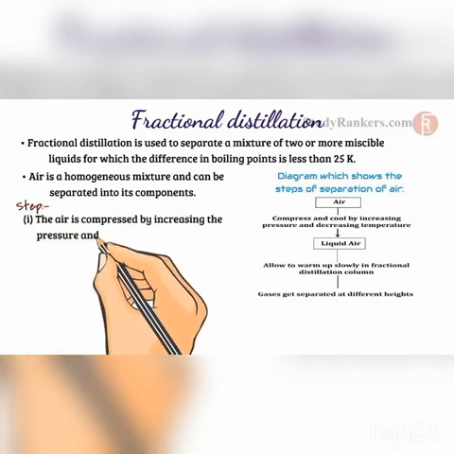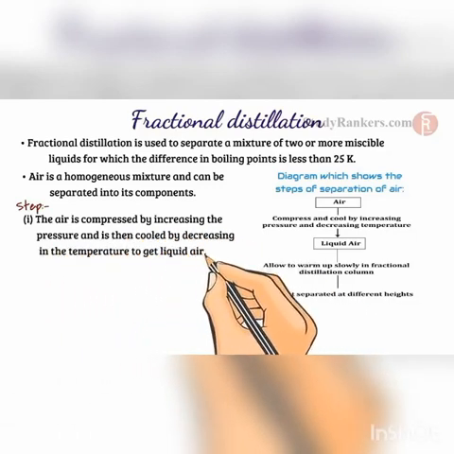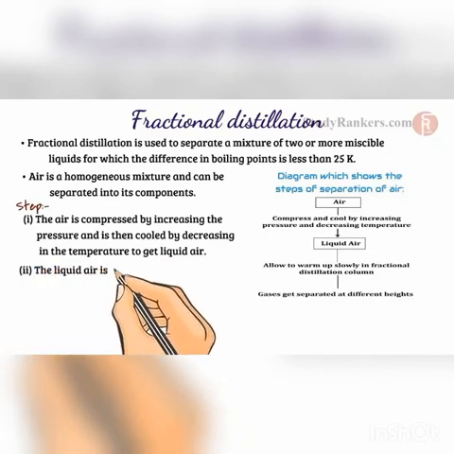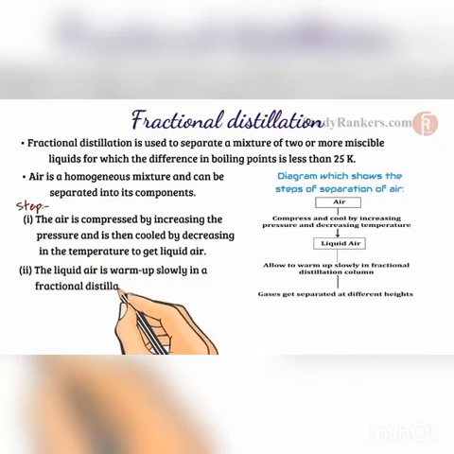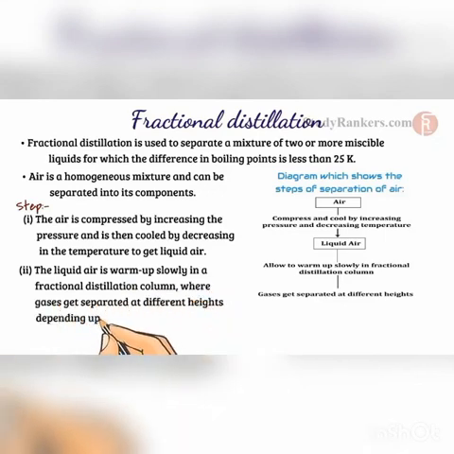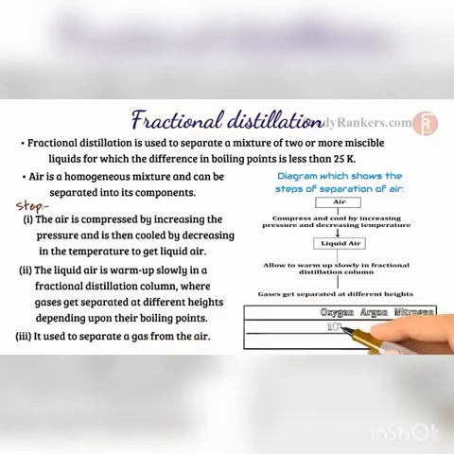First, the air is compressed by increasing the pressure and is then cooled by decreasing the temperature to get liquid air. The liquid air is warmed up slowly in a fractional distillation column, where gases get separated at different heights depending upon their boiling points.